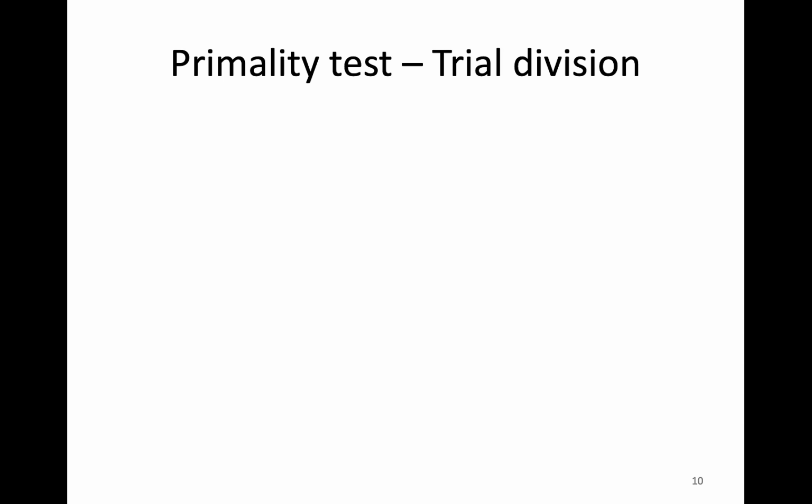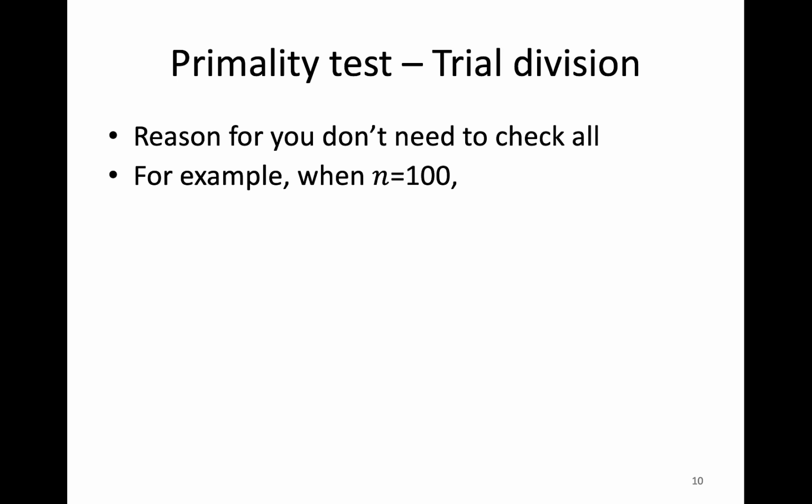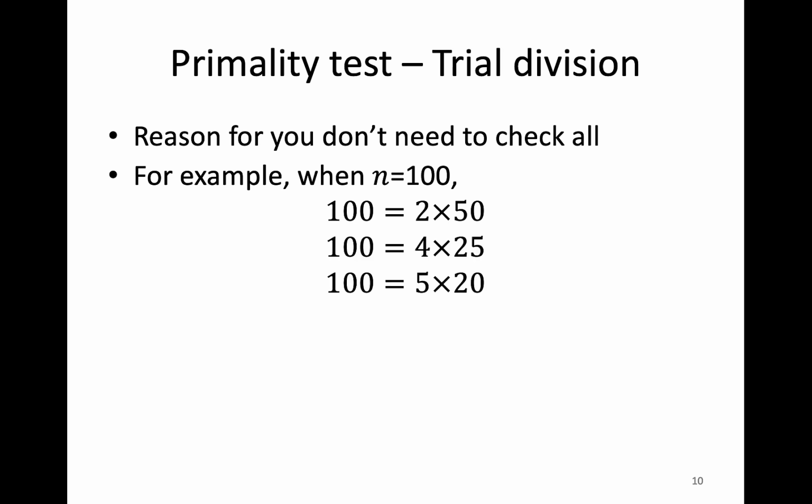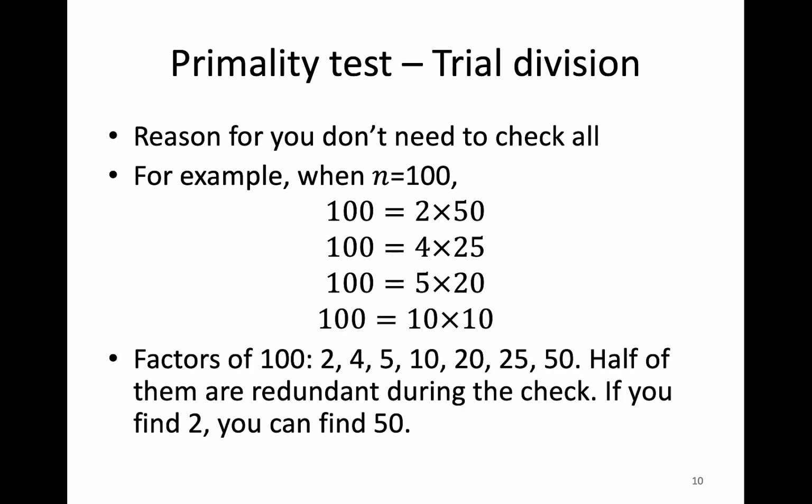So why do we only check until square root of n? For example, when n is 100, then I know that 100 is 2 times 50, 4 times 25, 5 times 20, 10 times 10. So the factors of 100 include 2, 4, 5, 10, 20, 25, and 50.